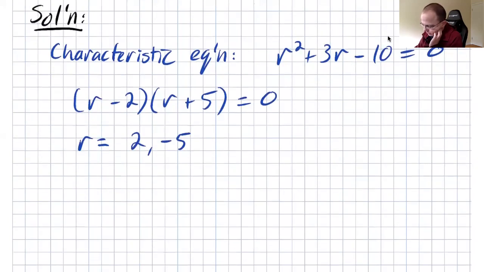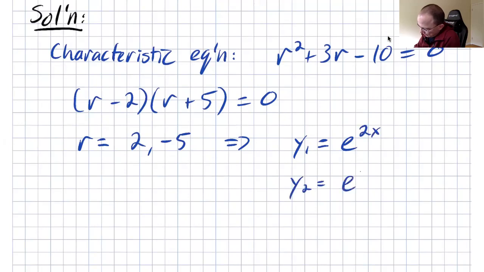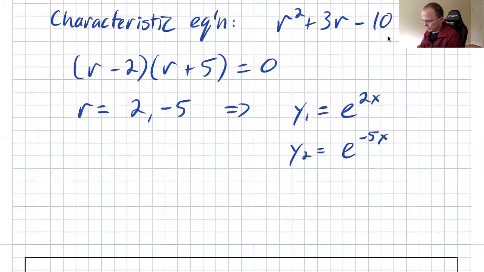So the solutions that we have then are going to be y1 is e to the 2x, and y2 will be e to the negative 5x. So that's what those two roots tell us. We get these two solutions here.